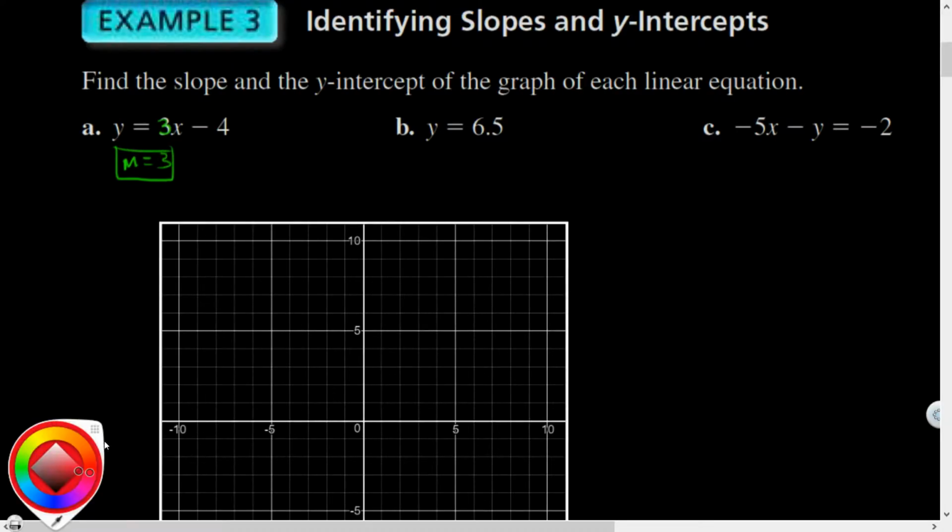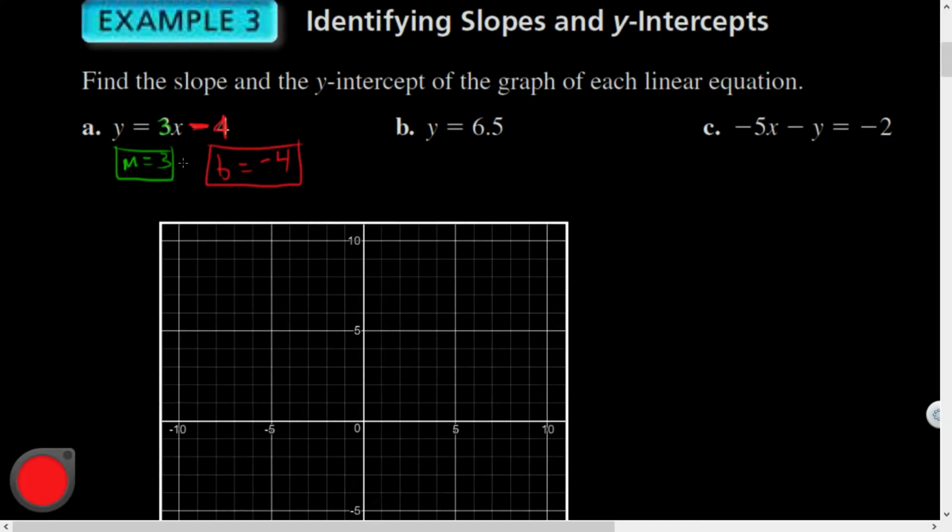And then what's the y-intercept? What are your guys' thoughts? So what's the y-intercept, friends? And it turns out this minus sign goes with the y-intercept, so it's -4.